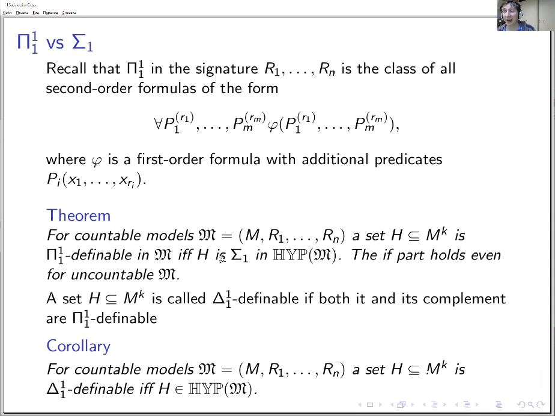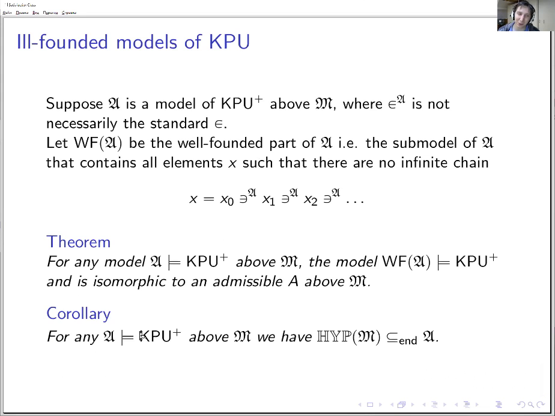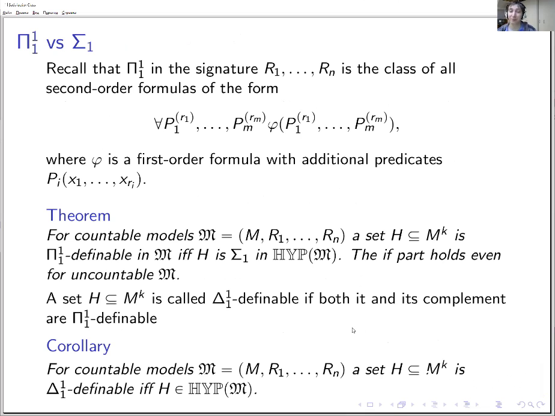And since all models of KPU plus contain the heap of M as an initial segment, if some Sigma 1 formula holds in the heap of M, it actually holds in all models of KPU plus above M. And so in particular, of course, it holds in the heap of M itself.